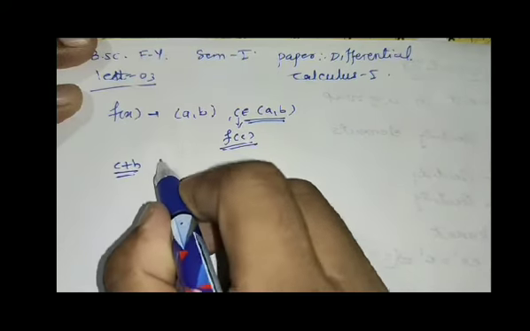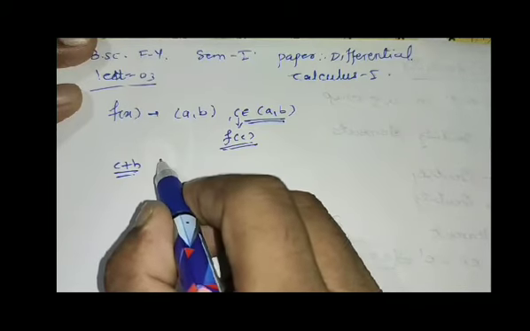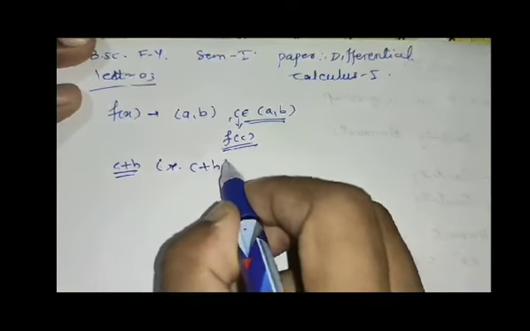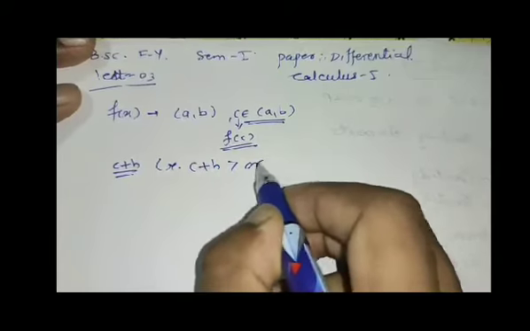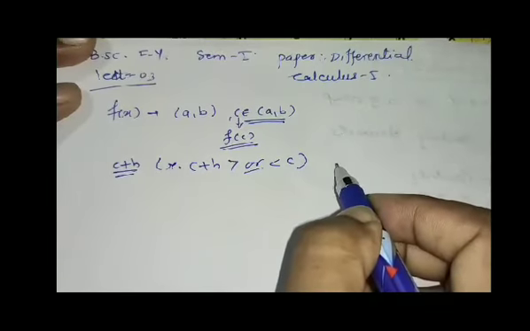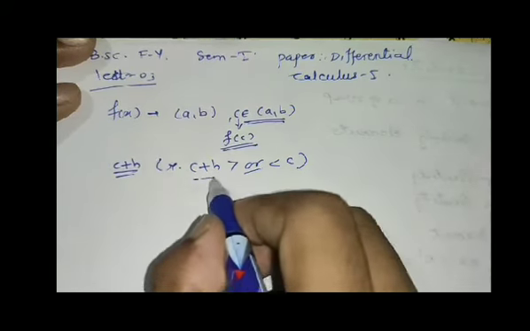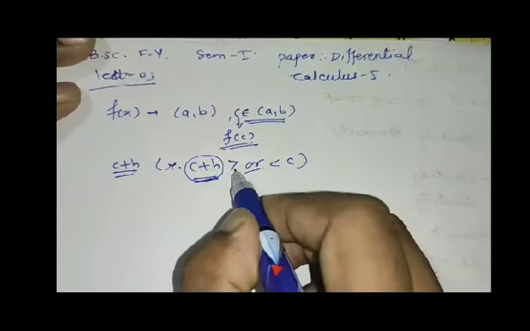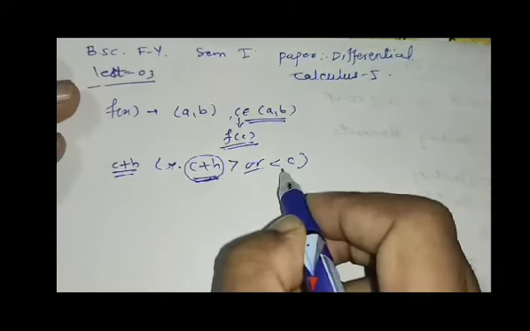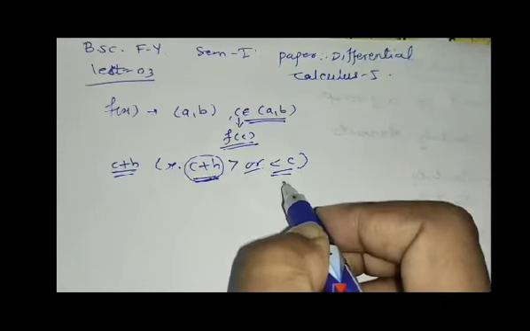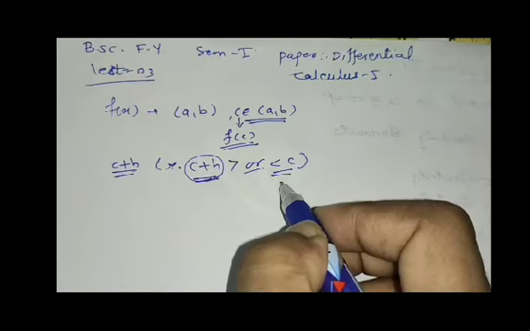Take this c plus h, either left or right. That is, c plus h is greater or less than c, according as h is positive or negative. If h is positive, then c plus h is greater than c, and if h is negative, then c plus h is less than c.